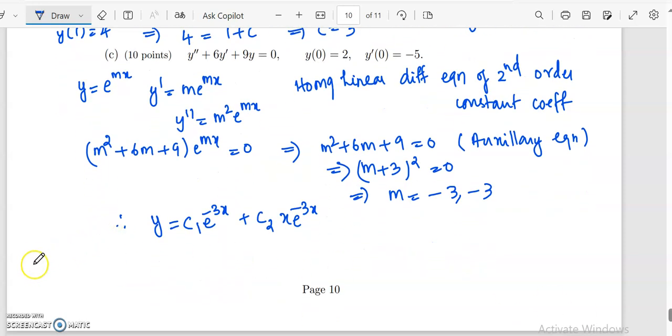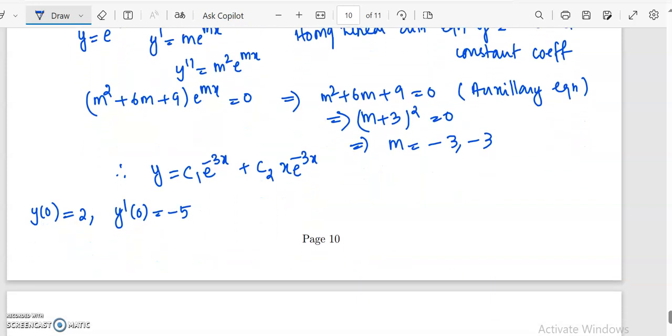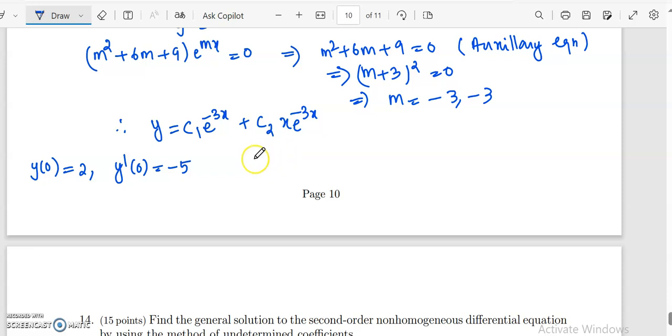Now we are given two conditions, y at 0 is 2 and y dash at 0 equal to minus 5. So let us find the solution satisfying these two conditions. So when y at 0 equal to 2, putting x equal to 0, e power 0 will be 1, so we will get c1, and since x is 0, the c2 term will go, so we will get c1 equal to 2.